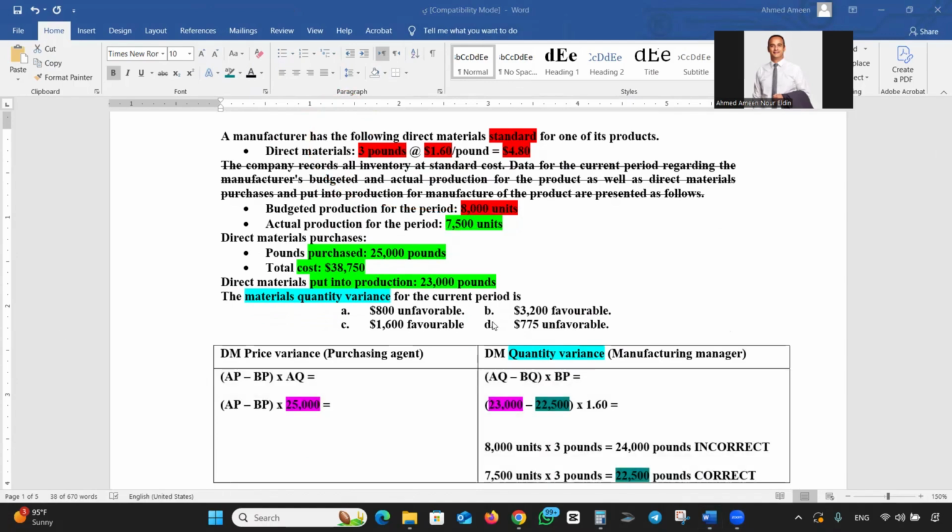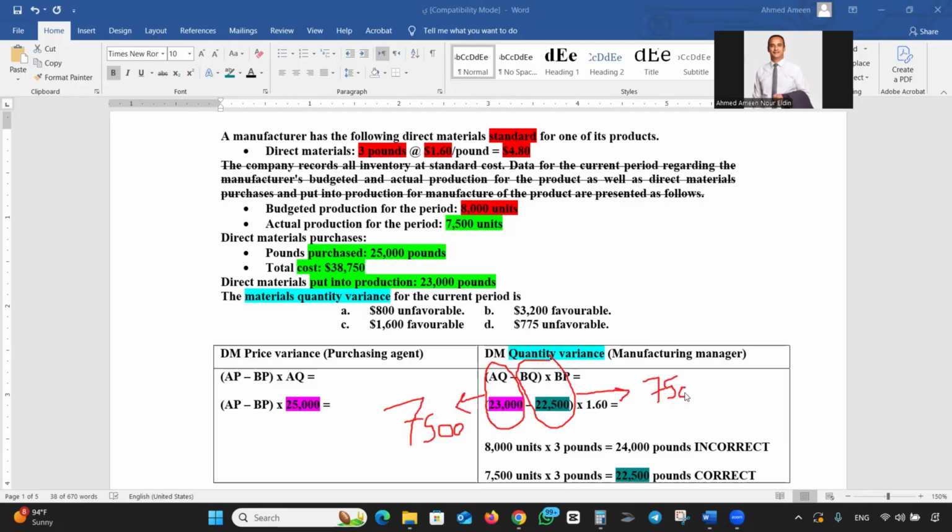In order to be fair, you have to compare the actual quantity of direct material that you used to produce 7,500 finished goods with the budgeted quantity for producing the same amount of units, which is 7,500.